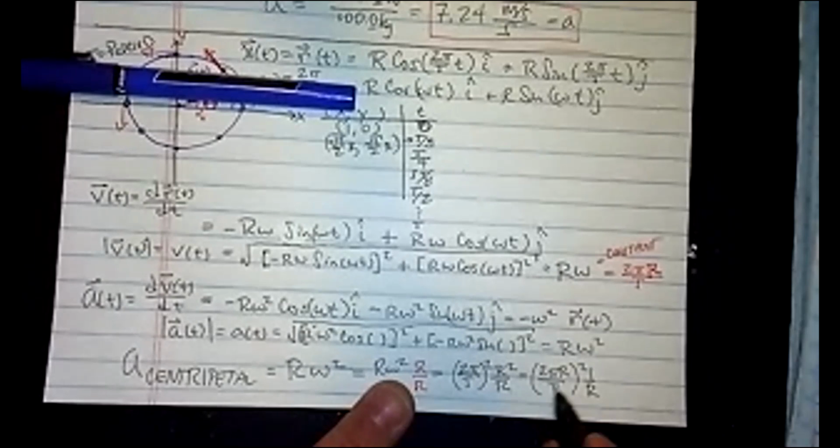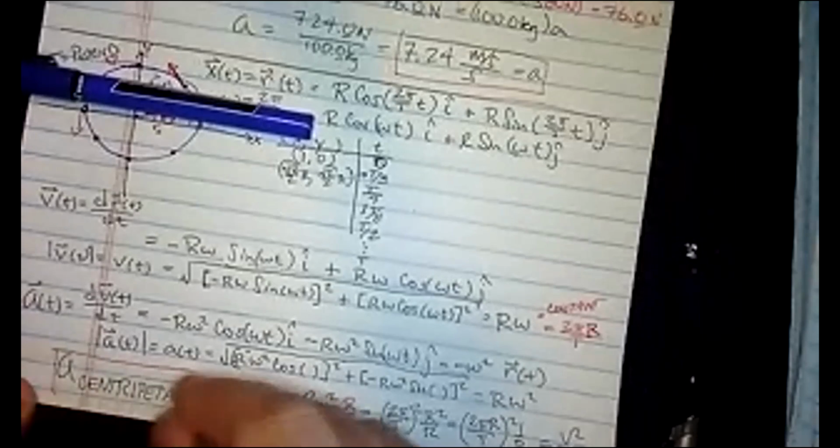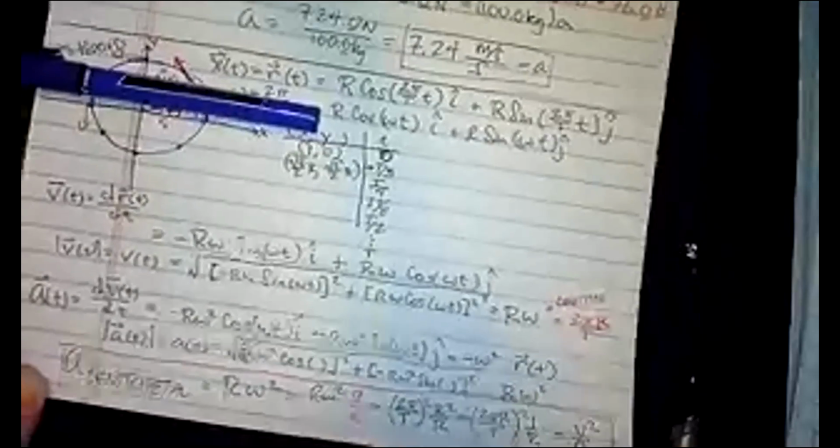And what's that quantity? V. Yep. So we get v squared over r, and that is the centripetal acceleration. So both that first expression and that last expression are extremely useful.